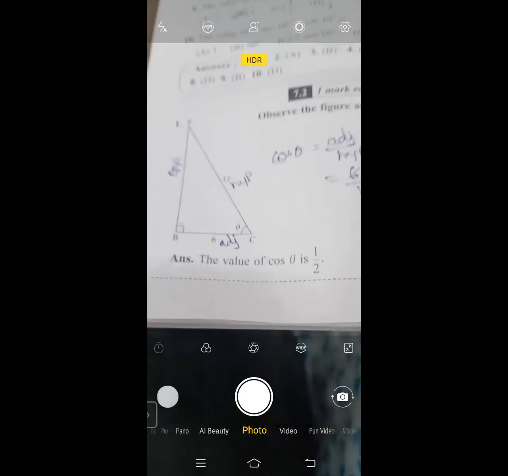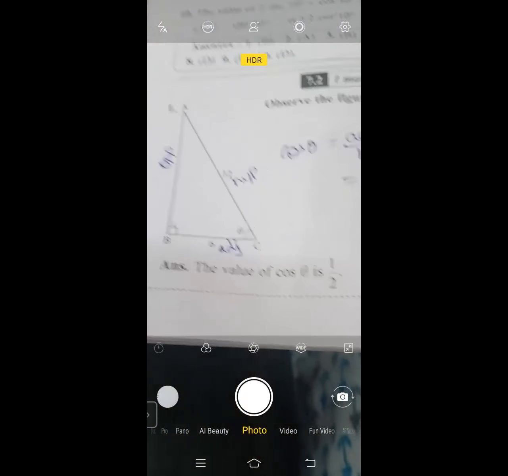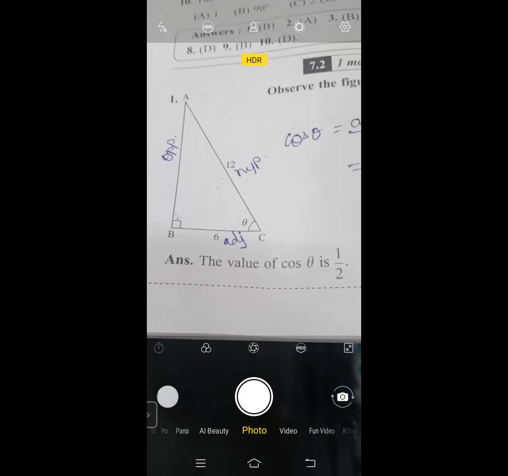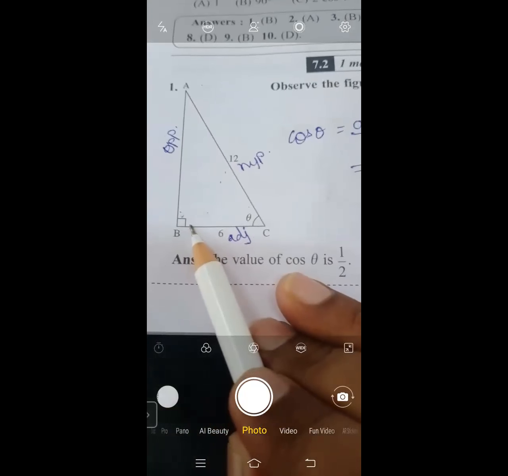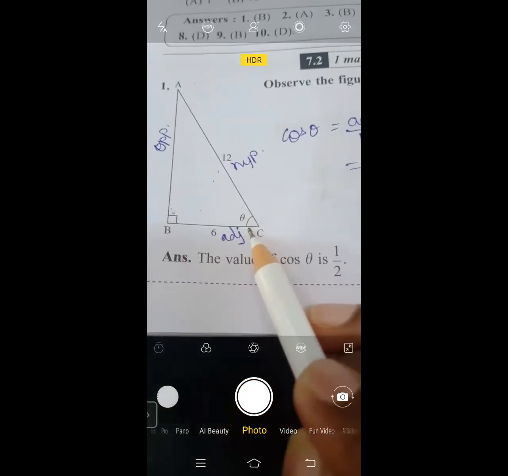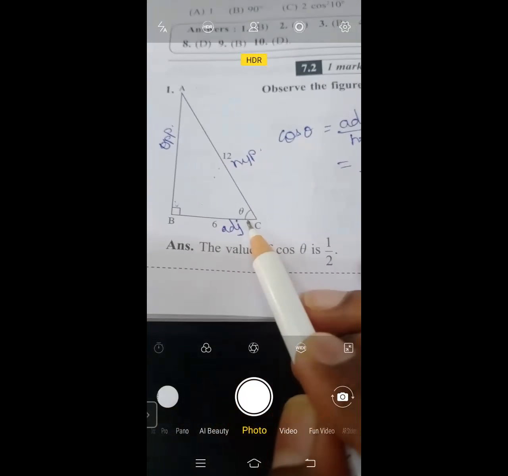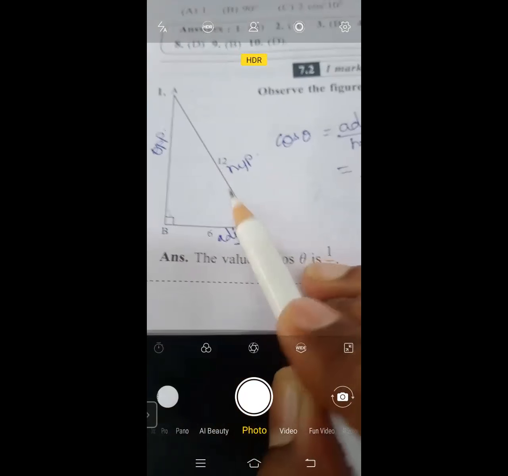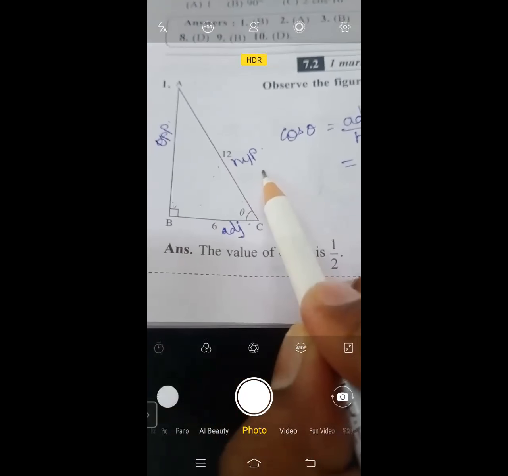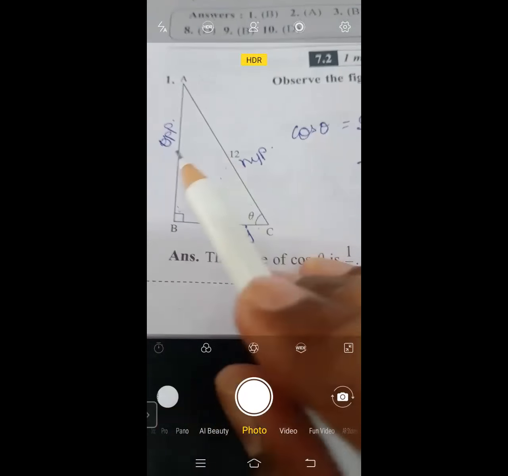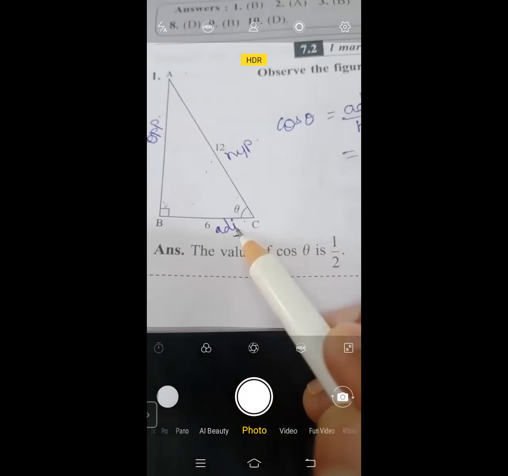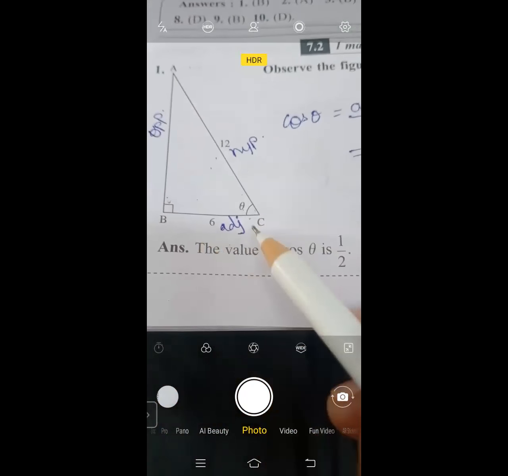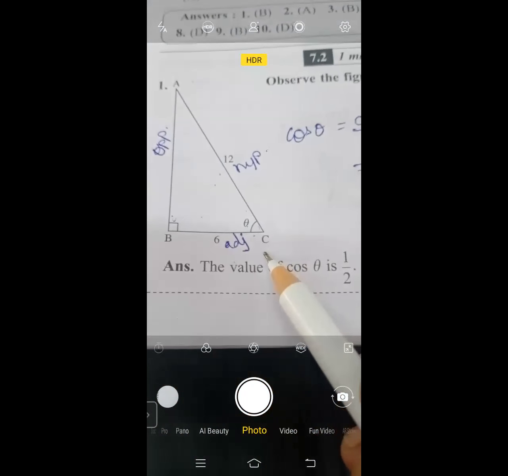Then we had seen this example. We have to find the value of cos theta. This is a right angle triangle. The angle theta is present over here. The side opposite to the right angle is the hypotenuse. The side opposite to theta is called the opposite side, and the side which is adjacent is called the adjacent side.